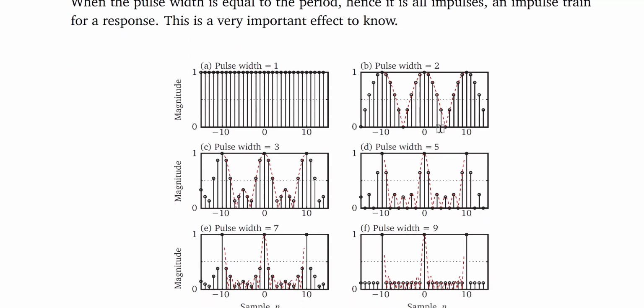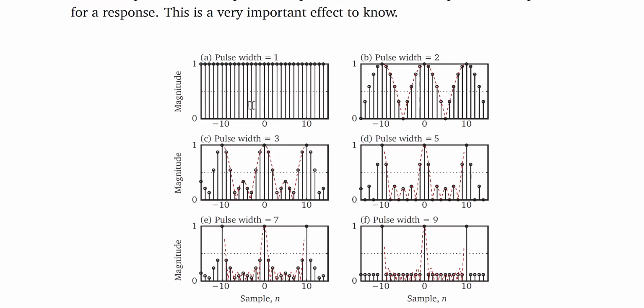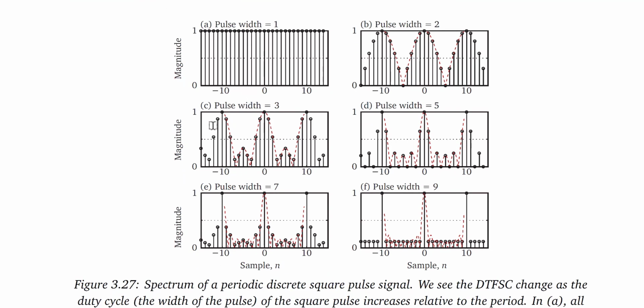Now we can take a look at the discrete time Fourier series coefficients of a discrete pulse. Here, the pulse width is huge. In fact, it's equal to all the samples. Here the pulse width is starting to narrow, so here's 1, here's 2, and we show the coefficients plotted like this.